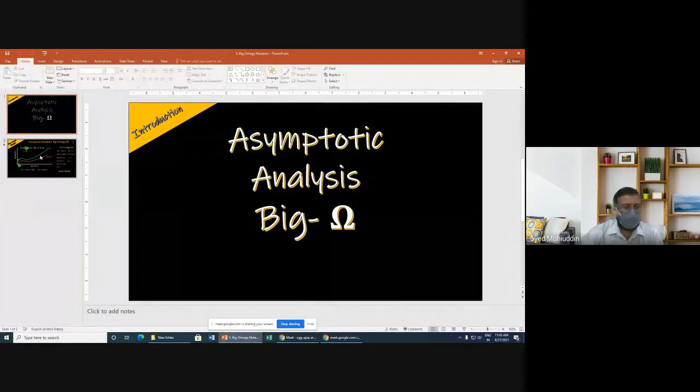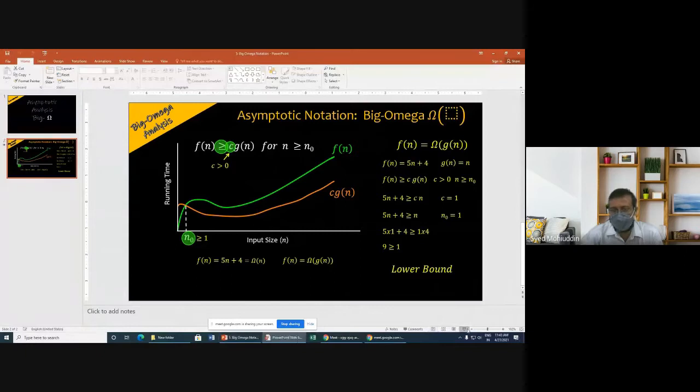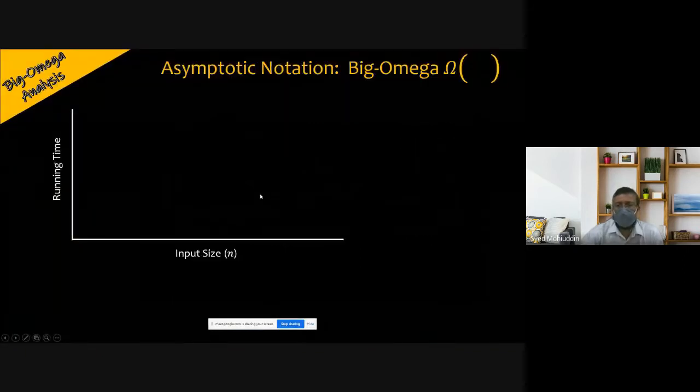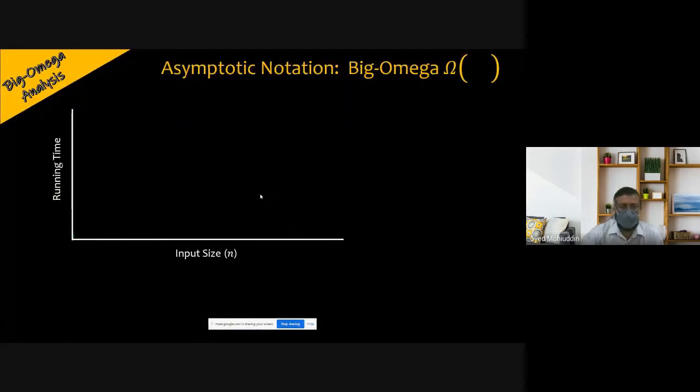This big omega notation is very similar to big O notation. The only difference is that there is a function f of n which increases as the size of the input increases. Input is on the x-axis and the y-axis has the running time.